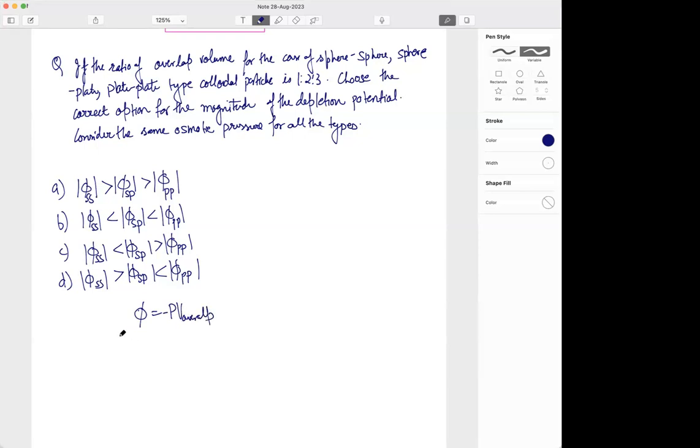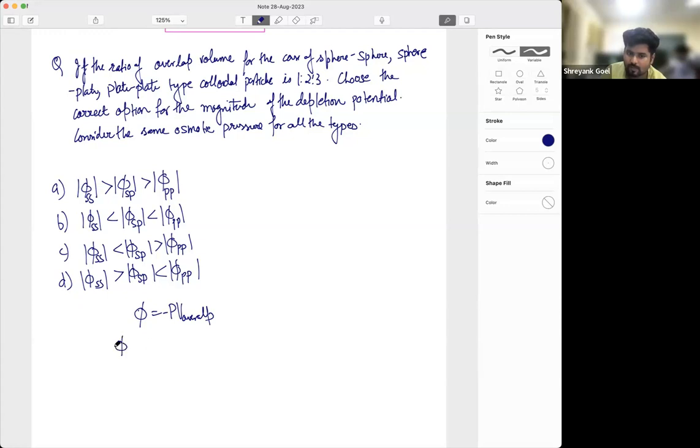So if I have to compare the magnitude, then it should be P into V overlap. If I have to take the ratio of the phis, then it becomes the ratio of V overlap.